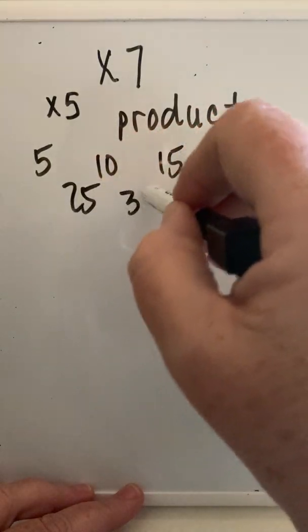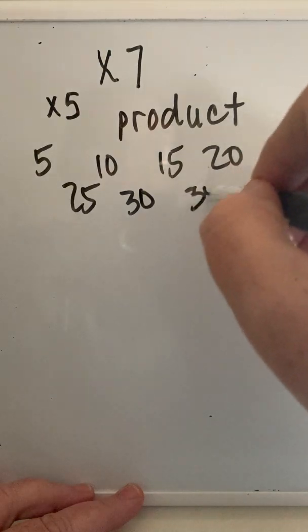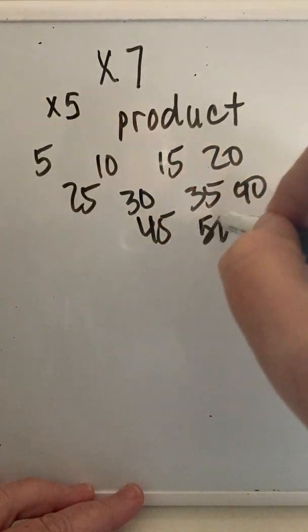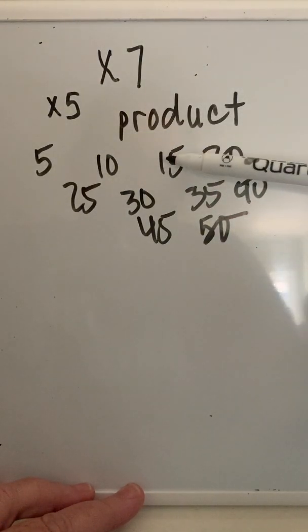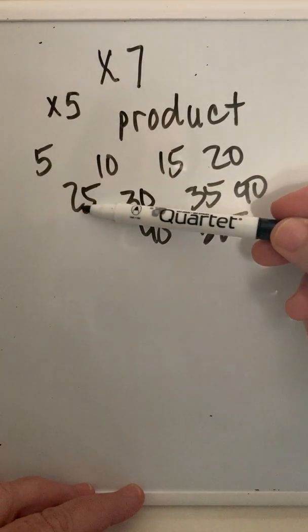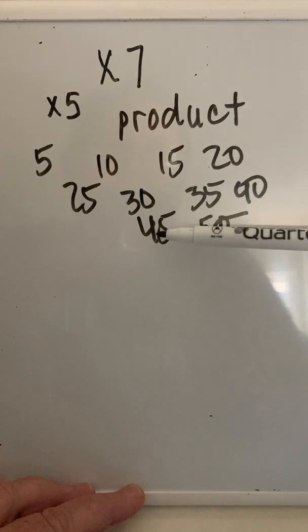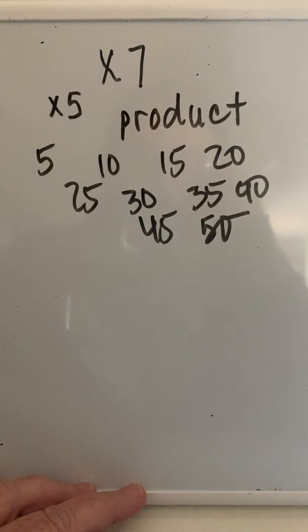So if I count by 5s: 5, 10, 15, 20, 25, 30, 35, 40, 45, 50. 5 times 1 is 5, 5 times 2 is 10, 5 times 3 is 15, 5 times 4 is 20, 5 times 5 is 25, 5 times 6, 5 times 7, 5 times 8, 5 times 9, 5 times 10. So if you're good at those, I have a trick for anything times 7.